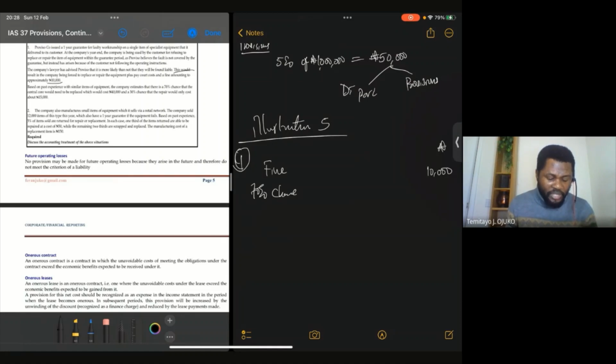Let's take that again. Based on past experience with similar items of equipment, the company estimates that there's a 70% chance that the central core would need to be replaced, which would cost 40,000, right? And a 30% chance that the repair would only cost about 15,000 naira.